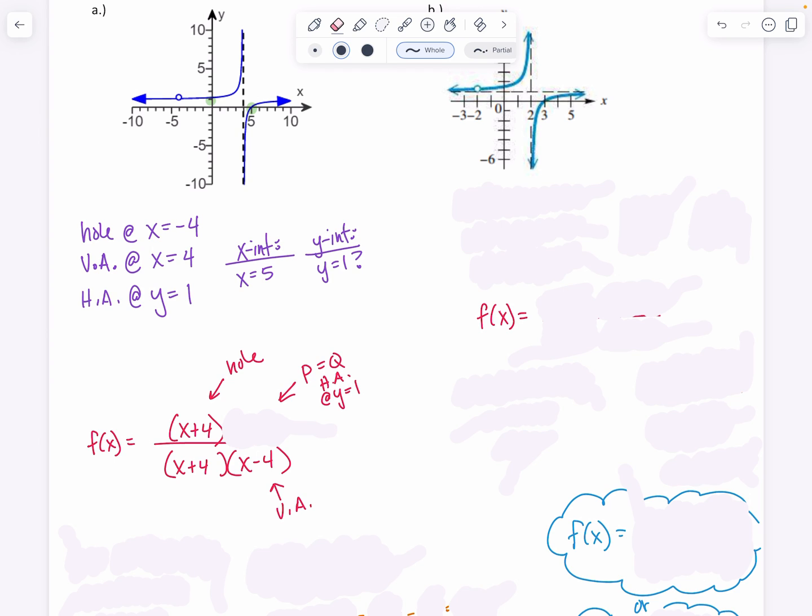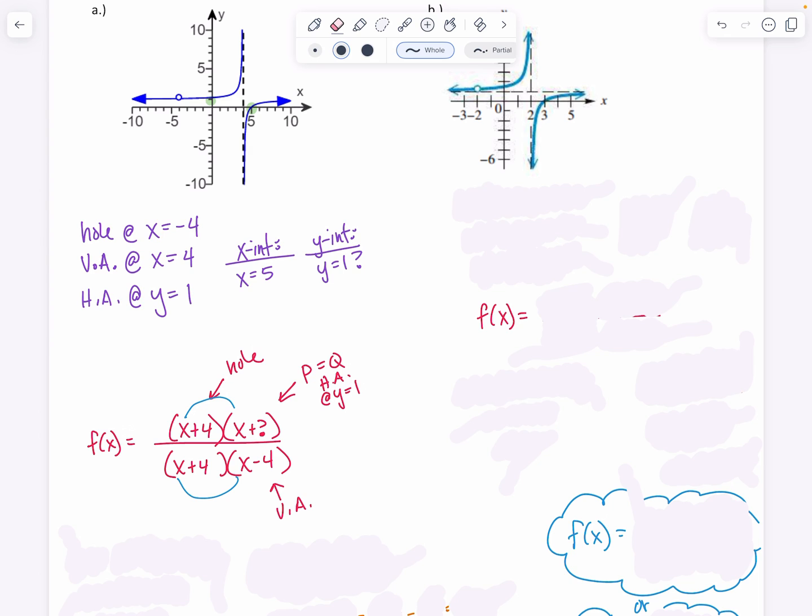So if my denominator were to be FOILed out, I know that I would have a 1x squared as my leading term. And so I need to make sure that I have a 1x squared on the top so that my P is equal to Q and that my coefficients divided equal 1. So I know the top has to have another factor so that when I take this x and multiply it, I end up with an x squared. So it's going to be x plus or minus something possibly, right?